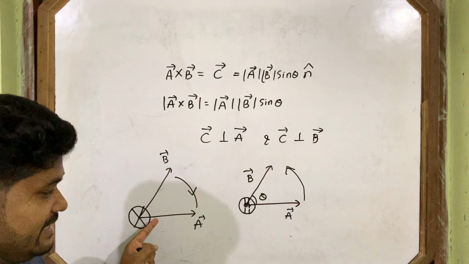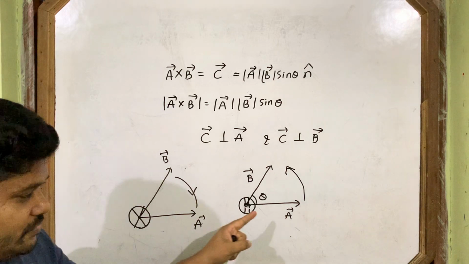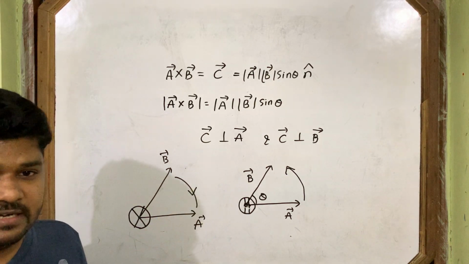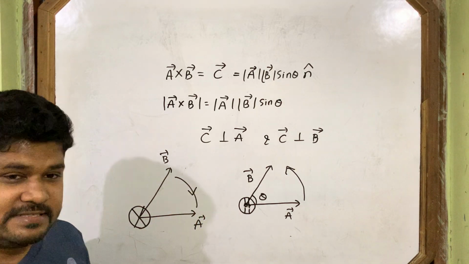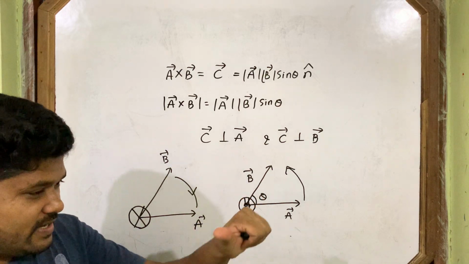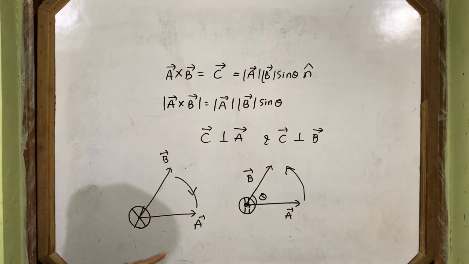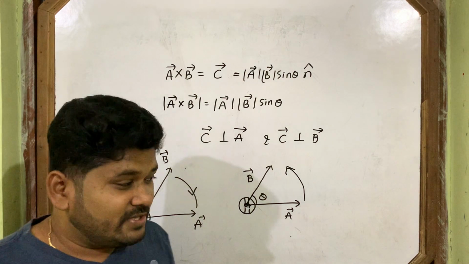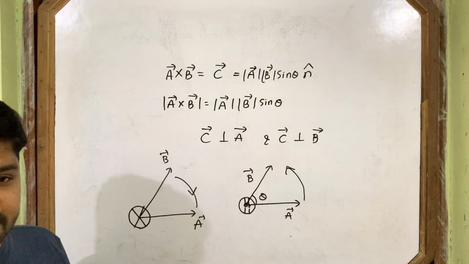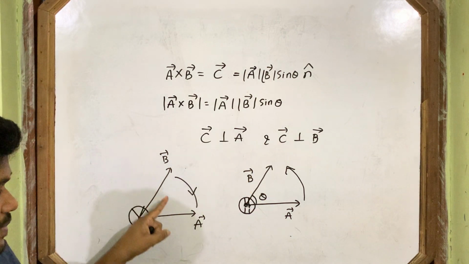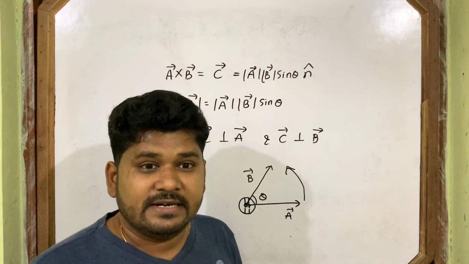But one thing is clear. When you do A vector cross B vector, the result is directed outward. But when you do B vector cross A vector, the result is directed inward. That means the result of A cross B is not equal to B cross A. It's very clear.